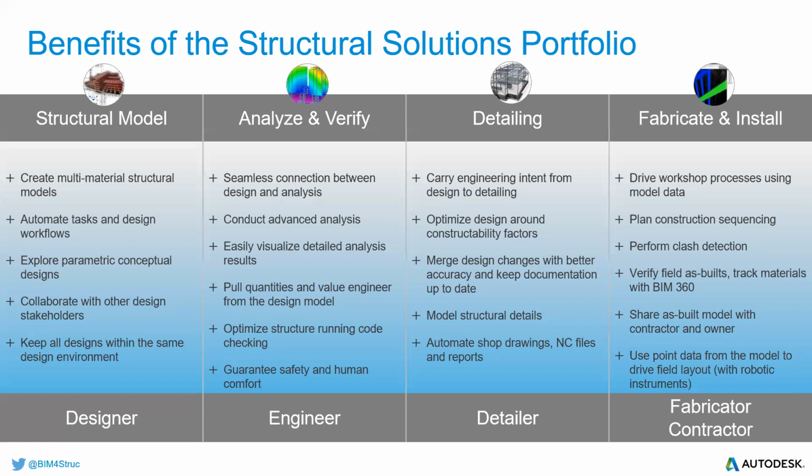It makes it easy for the structural engineer to explore different parametric conceptual designs and collaborate with the other design stakeholders, while keeping all the designs within the same environment. We don't do an analytical model somewhere else and then integrate it with the physical model in another platform. Documentation, modeling, and analysis happen in one platform, where you're just translating from one phase to the next.